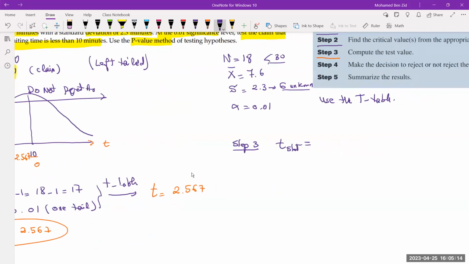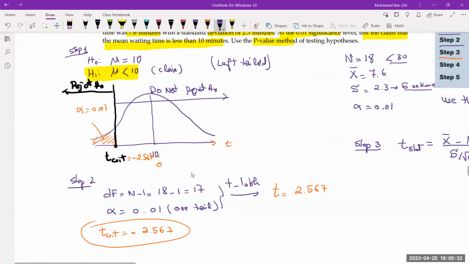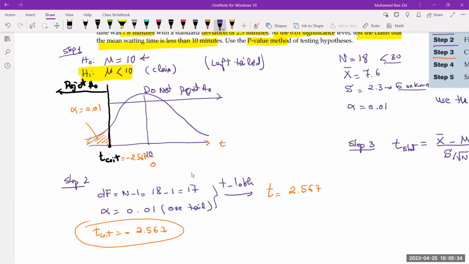The formula is X bar minus the mean, divided by s over radical n. All right, so I know the X bar is 7.6. The mean, I know it is 10, all right?